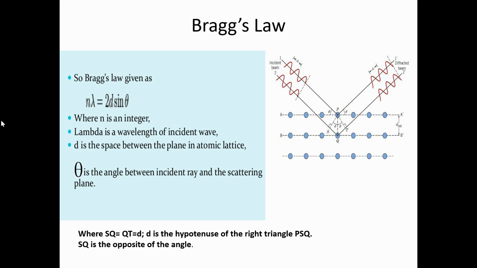Okay, so this is the main idea of Bragg's law, by which we can determine the spacing of atoms in a crystal, the exact position of atoms in a crystal.